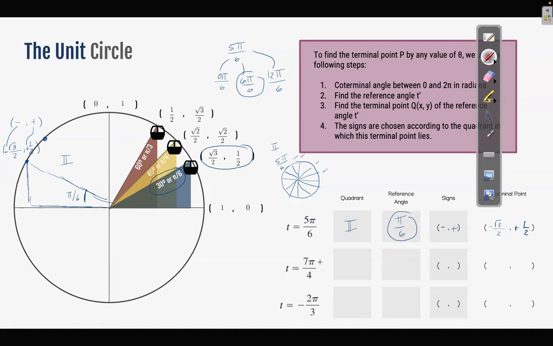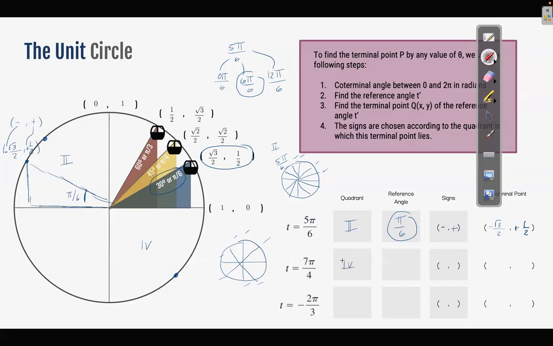Now, for the next one, we're going to have 7 pi over 4. That means that we need 4 pieces on the upper half and 4 pieces on the bottom. So that's 1, 2, 3, 4, 5, 6, 7. So 7 pi over 4 is in quadrant number 4.